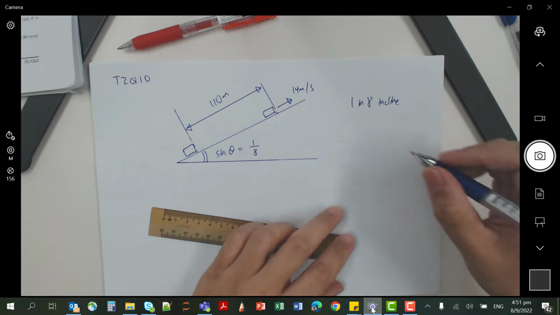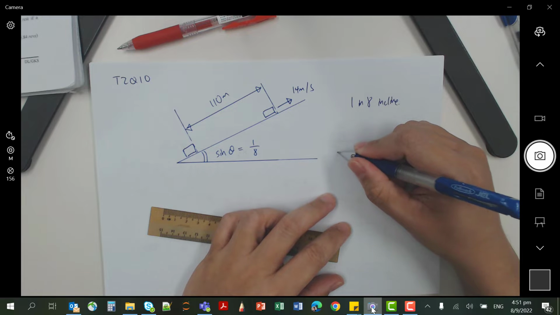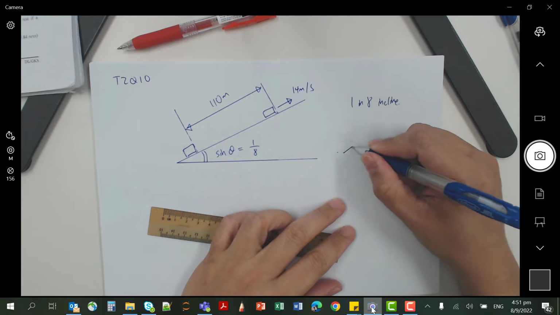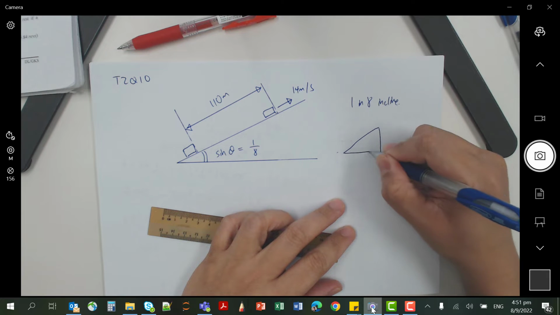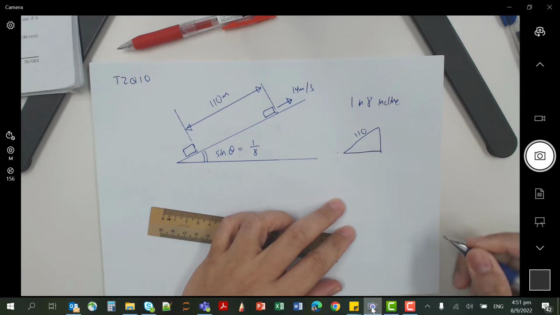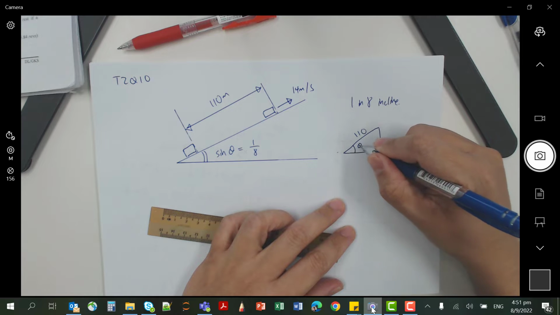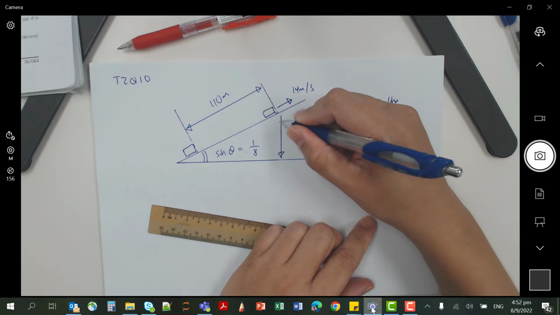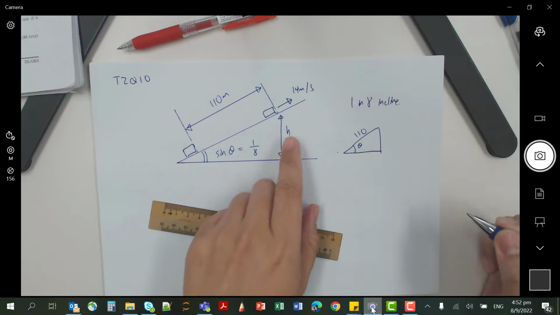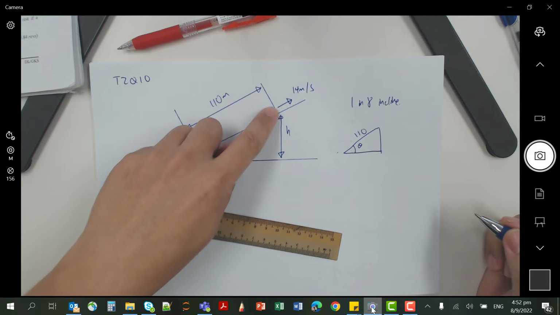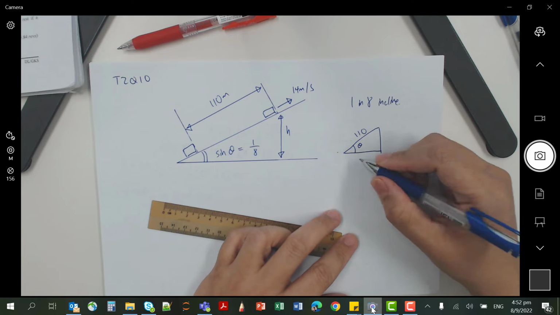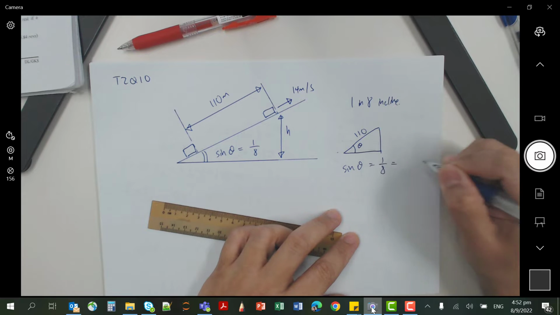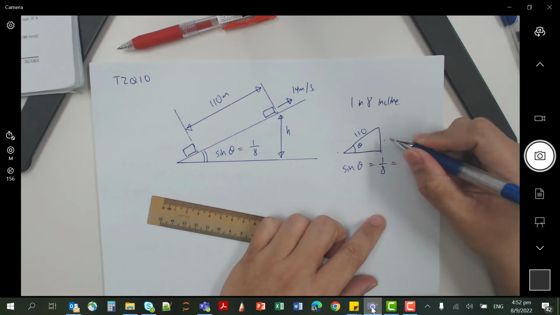So just now I mentioned the hypotenuse, right? So you're going to have a hypotenuse, this is 110, and this is your theta. So what is the height? Which means you can find out how high it has reached by the time it reached this point. Sine theta is 1 over 8, and sine theta is opposite over hypotenuse.